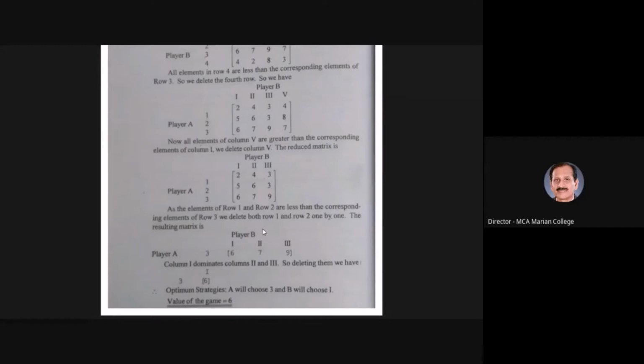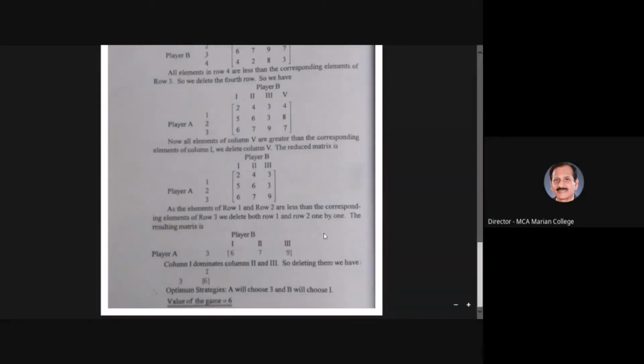Naturally, player B will choose only the first strategy so that his loss will be minimum. The values in the payoff matrix represent the gains to player A. It will always be the gain. If it is a minus value, then that is a loss to player A. So when player A chooses strategy 3, player B will choose only strategy 1, naturally. So you can delete column 2 and column 3.